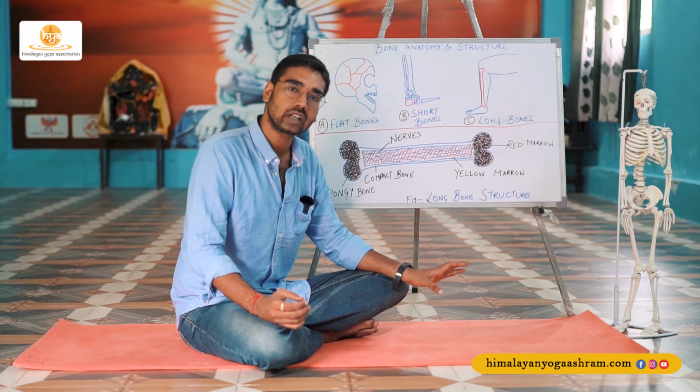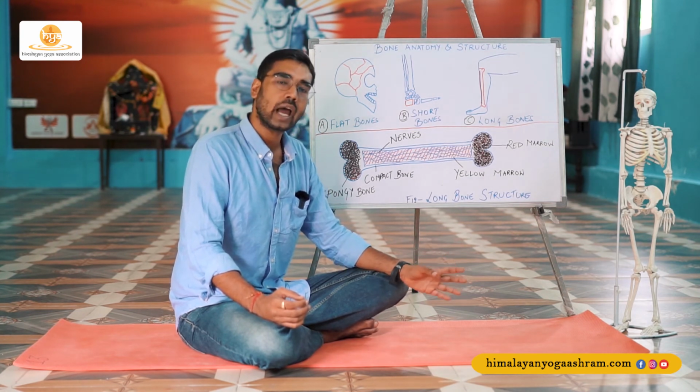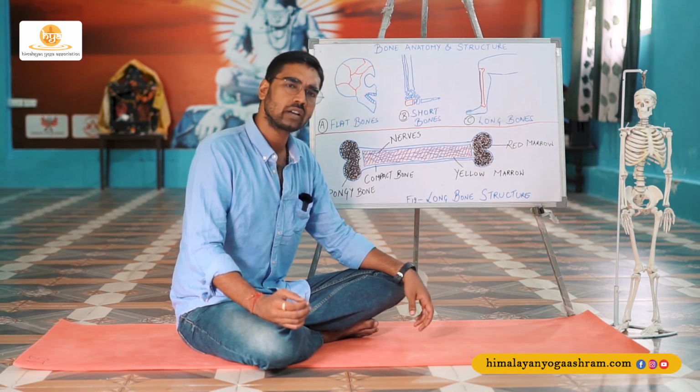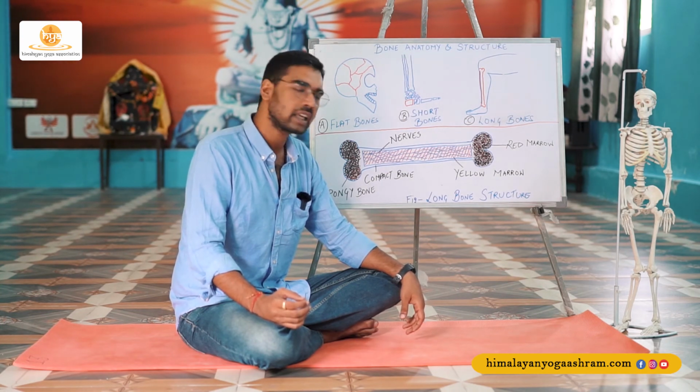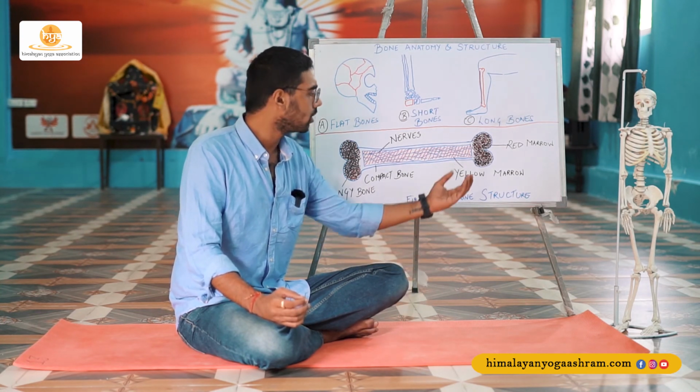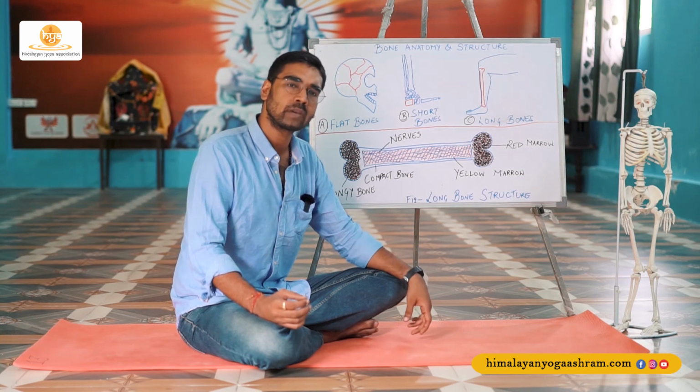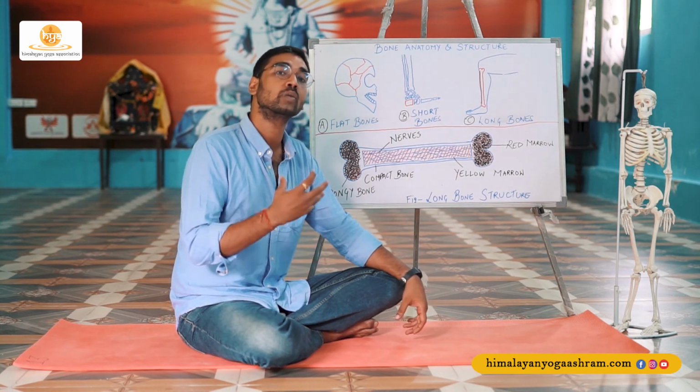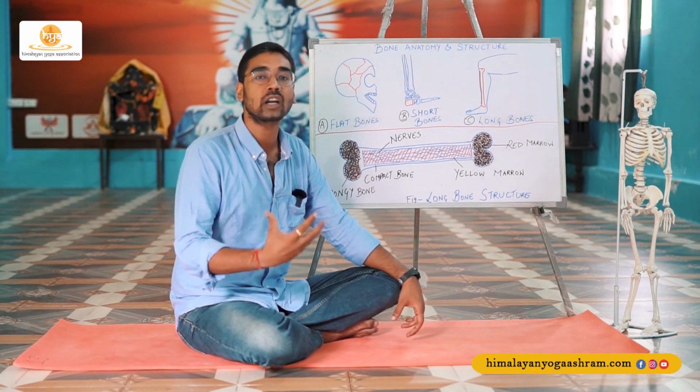Very smart structure, very purposeful, and I'm pretty sure in many cultures there is a theme about eating this specific bone marrow, which is also the most nutritious part of the human body.